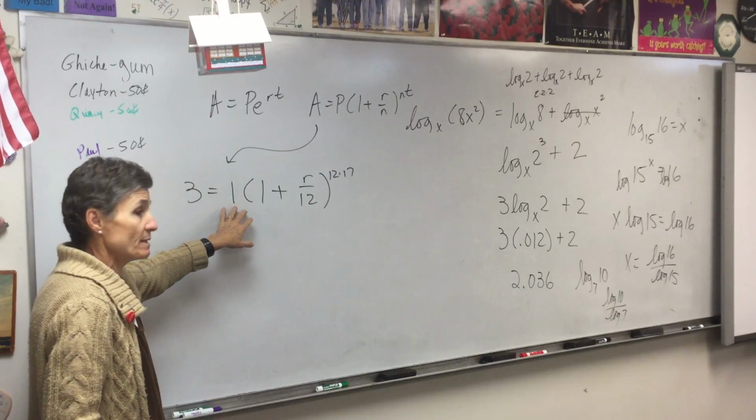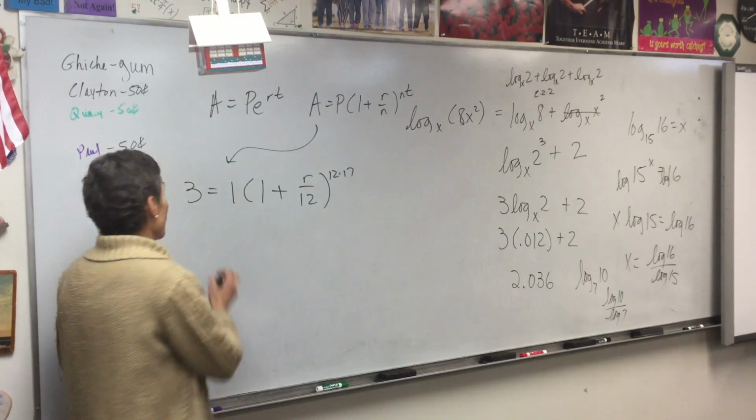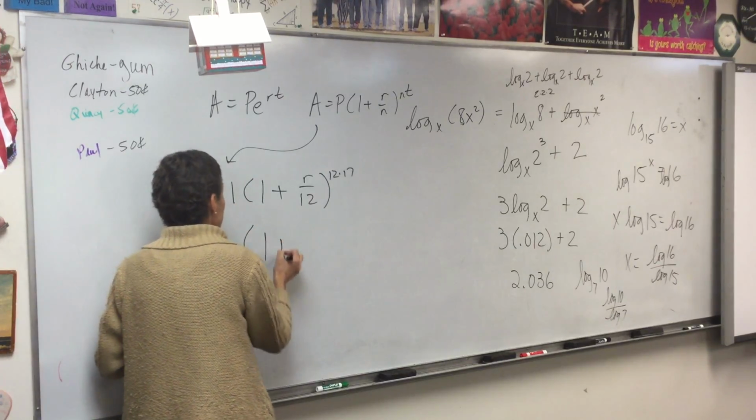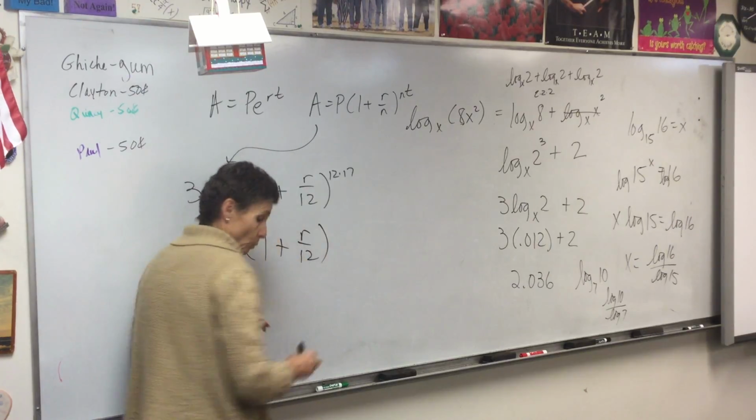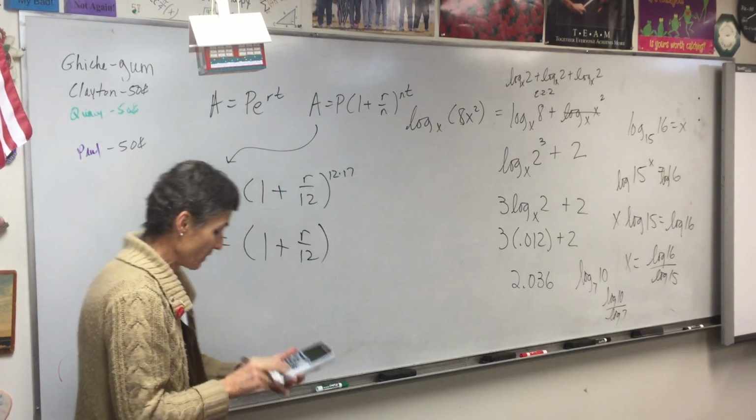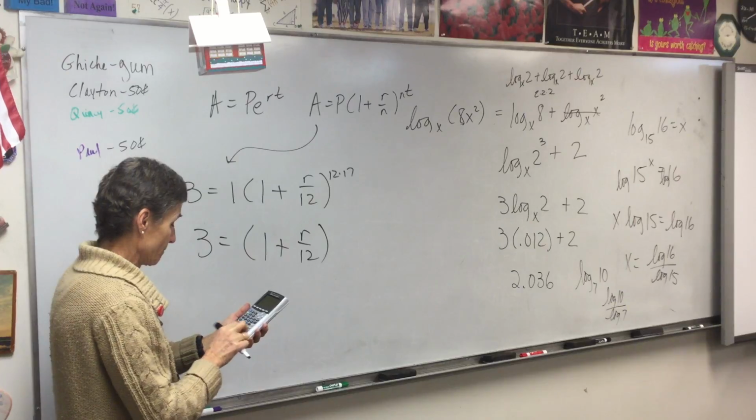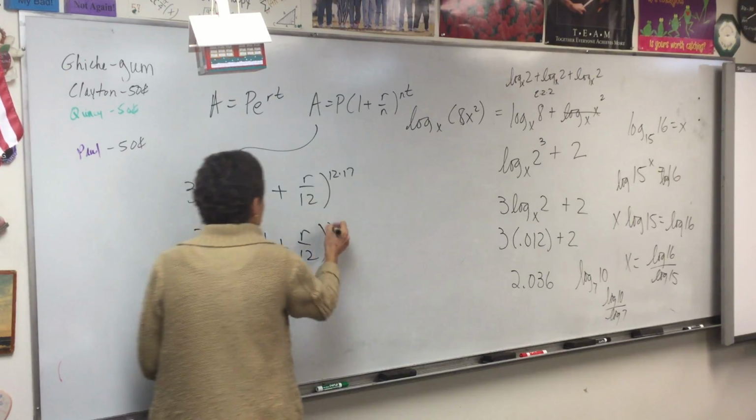Step 1 is going to be to divide. So we're all going to end up with this equation right here. We're all going to end up with that, no matter what we started with, because the first step is going to be to divide.